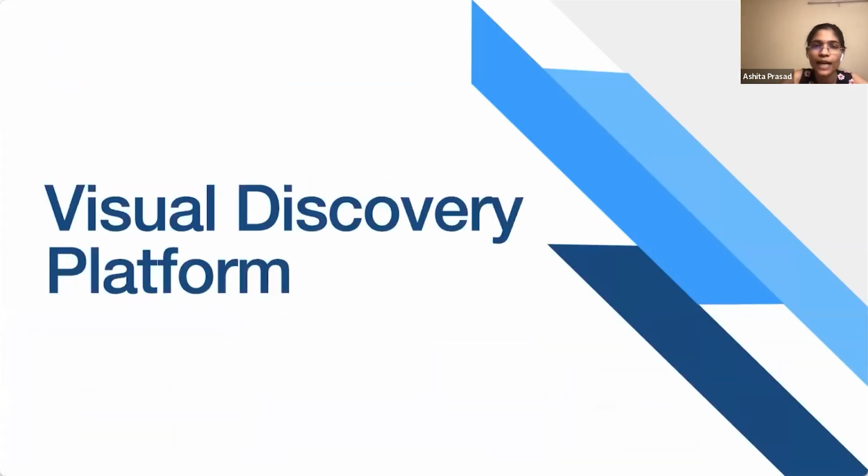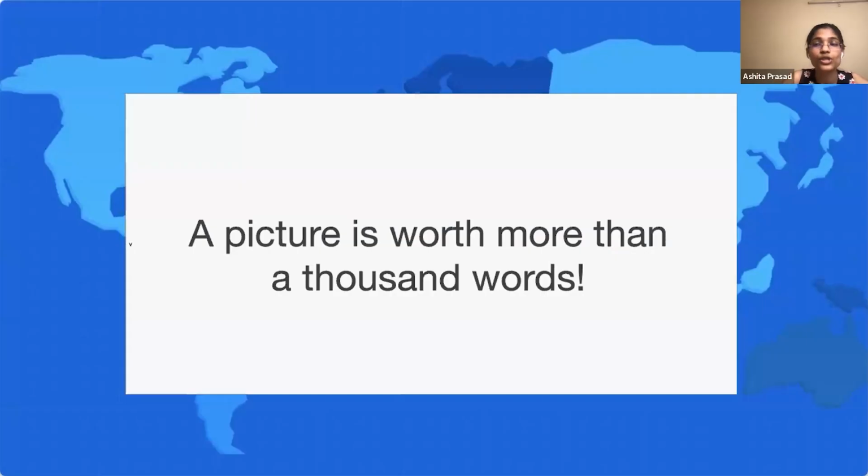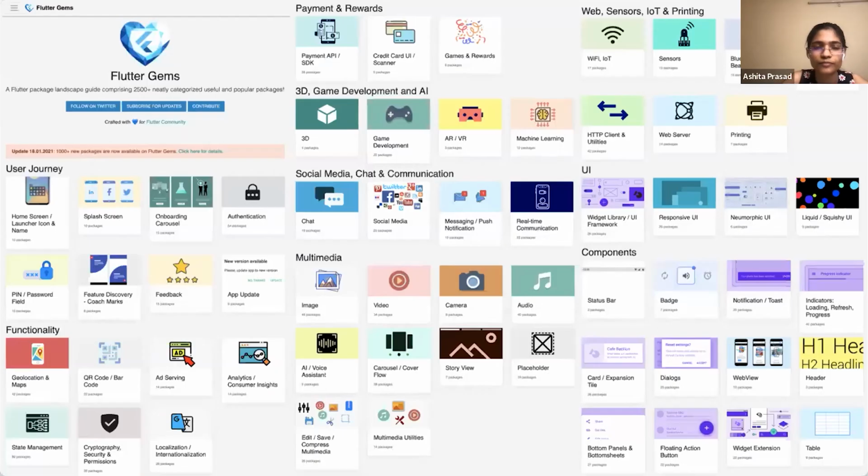So what if I tell you that there is a visual discovery platform that can aid you in your hunt? Because as we all know, a picture is worth more than 1,000 words. So this is where Flutter Gems comes to your rescue. Flutter Gems is a popular Flutter package landscape guide, which comprises more than 4,000 packages currently, and they are neatly categorized into useful and popular categories.